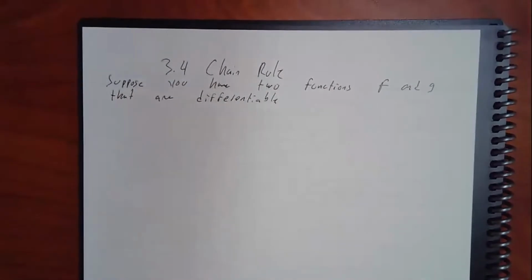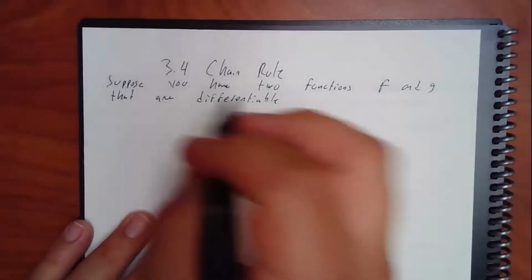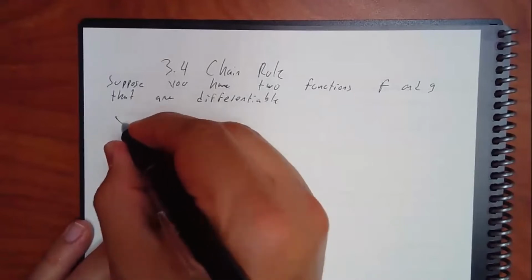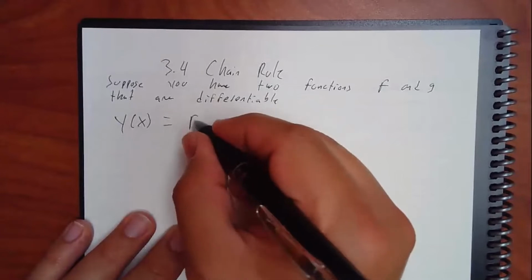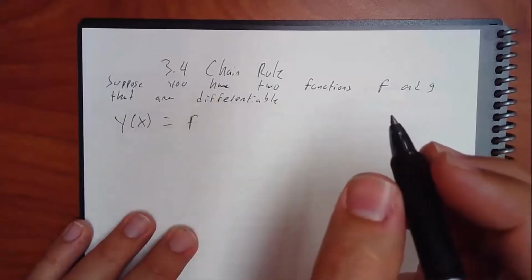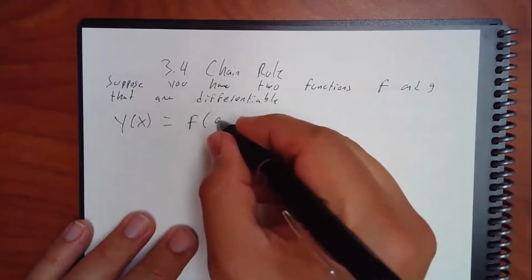Meaning you can take a derivative without any problems, right? There are functions where you can't. So let's say y of x is equal to a function f composed with g.